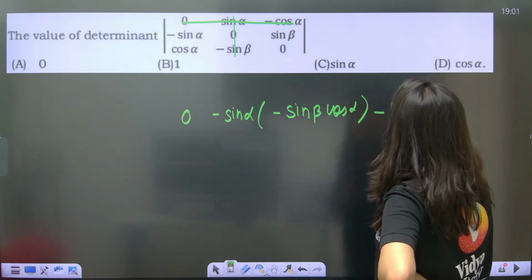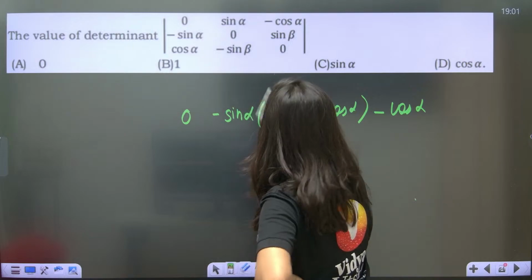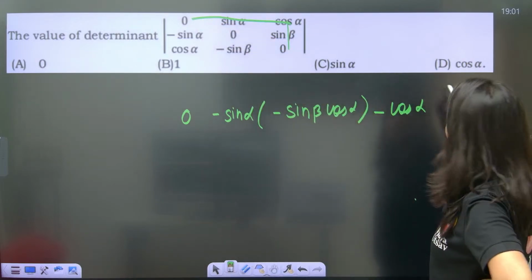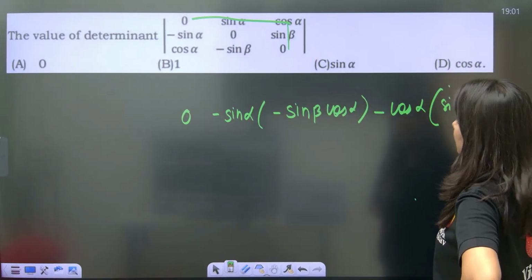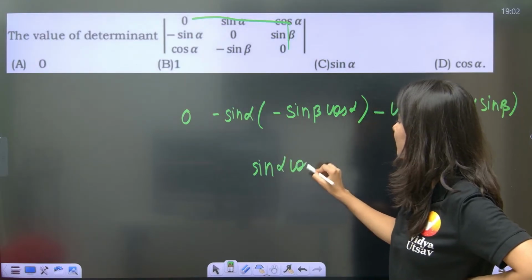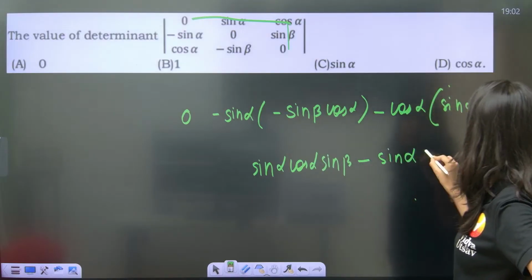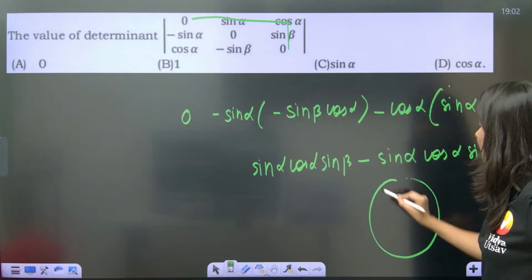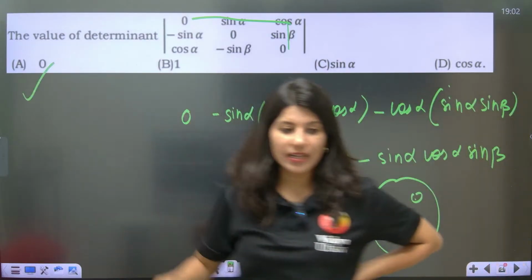Minus cos alpha. Okay, this time minus cos alpha, so it is going to give you sine alpha, sine beta. That's it. So this is what? Sine alpha cos alpha sine beta minus sine alpha cos alpha sine beta. Oops. A big fat 0. Option A, absolutely right.